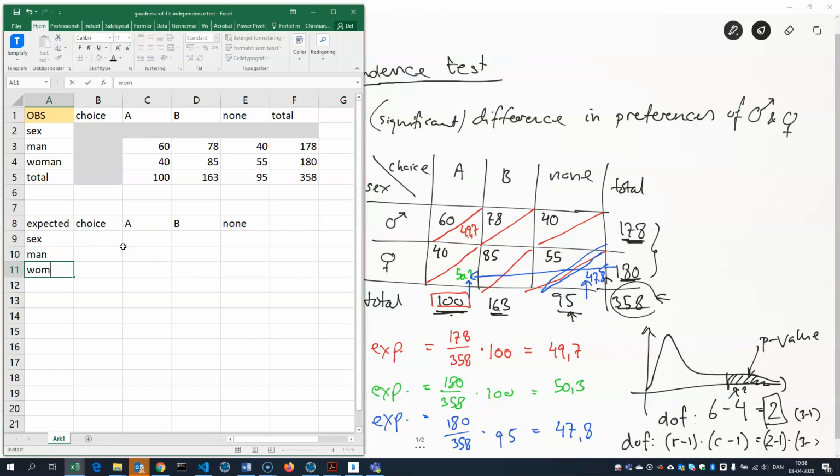Like that. I'll just write those numbers here. You don't really have to do that, but I like to have the totals down here.